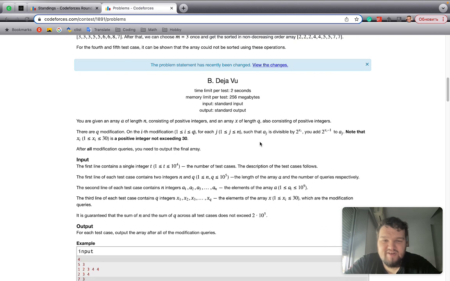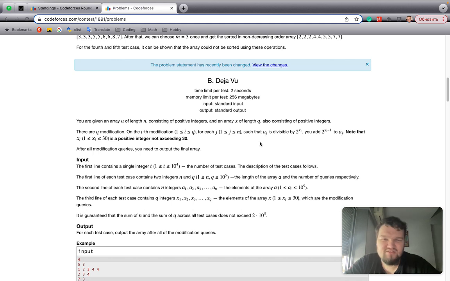B is fine, actually. Yeah. I even think that my solution is a bit hard for B. Maybe there is something simpler.